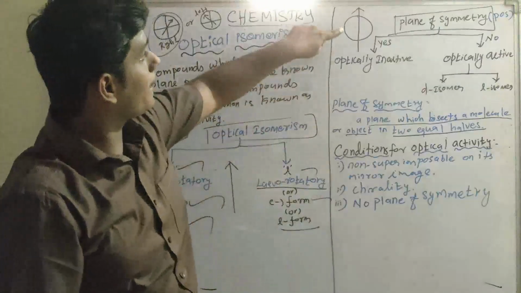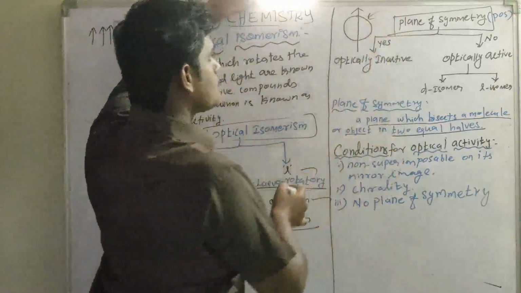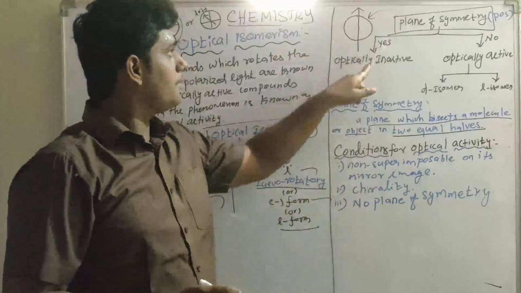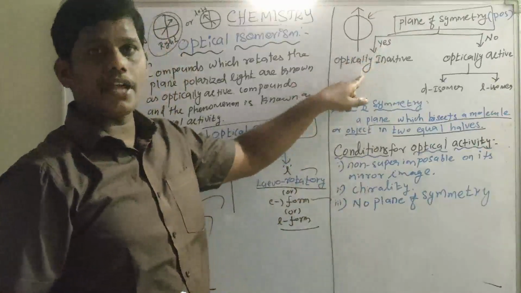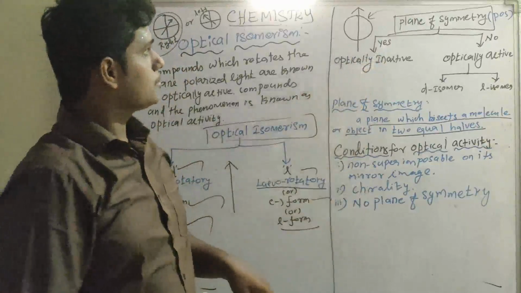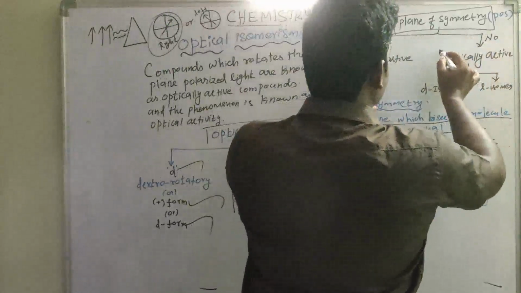It is called a plane of symmetry. So if a plane of symmetry is present in a molecule, it is called optically inactive. Okay, optically inactive. Suppose there is no plane of symmetry, it is called optically active.